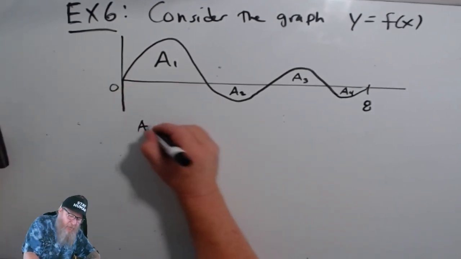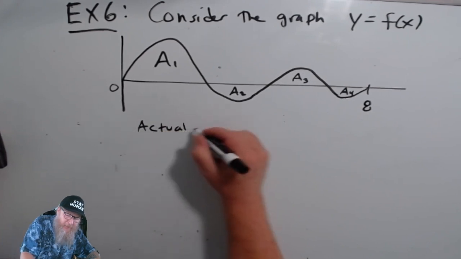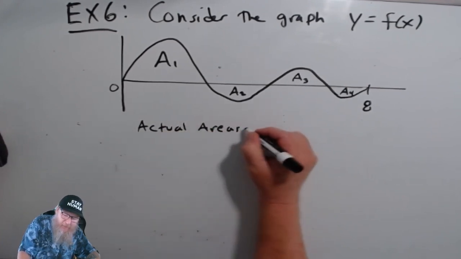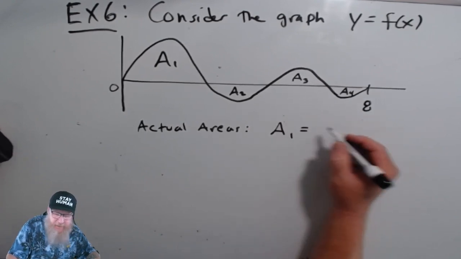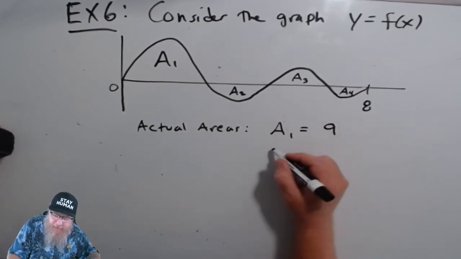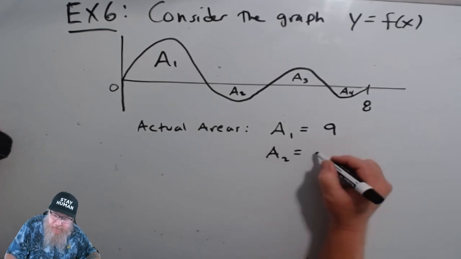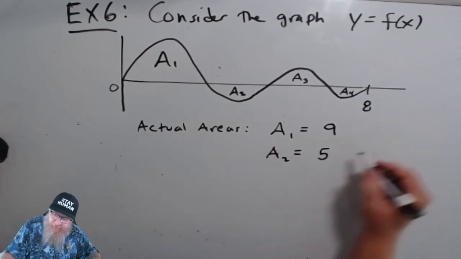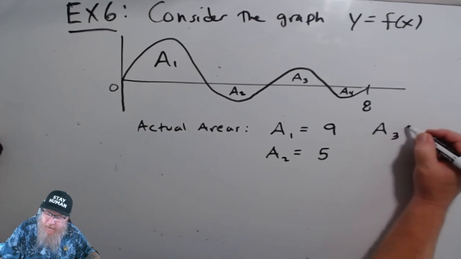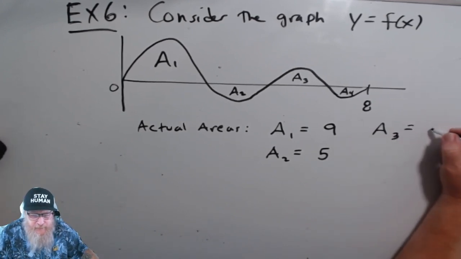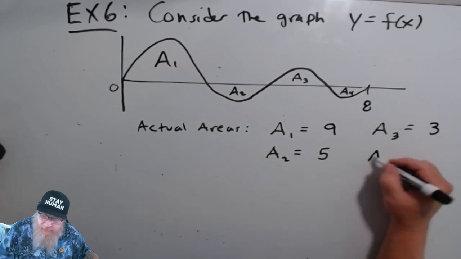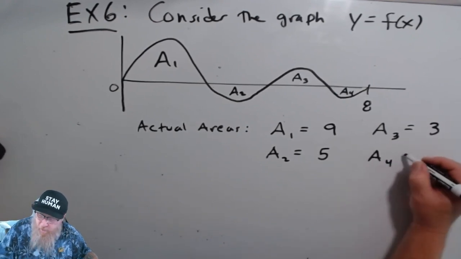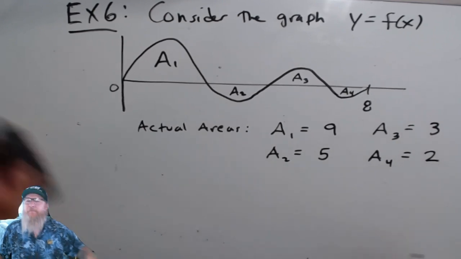So the actual areas of each region are: A1 is 9, A2 is 5, A3 is 3, and A4 is 2.